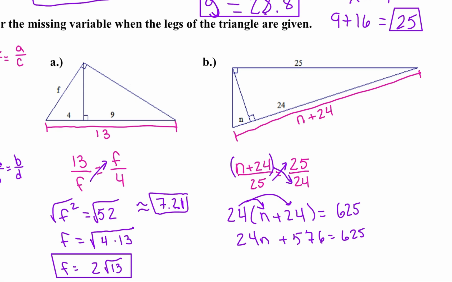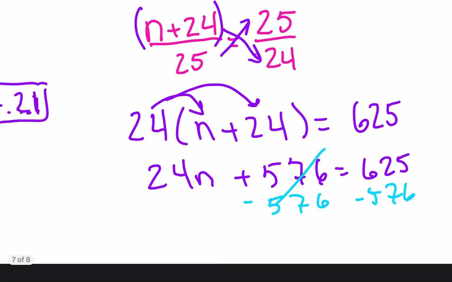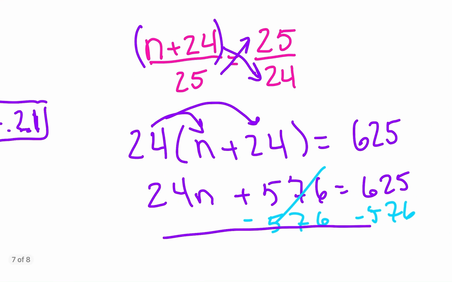And so we know that we're going to have to subtract this 576 here. Cancels. And I can bring down the 24n. And what do we got left there? That's going to be 25 minus 24, that's 49.